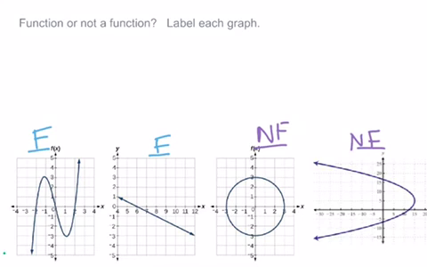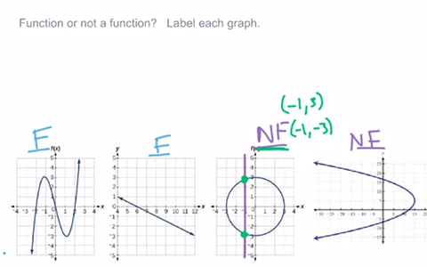The last two are not functions because if I take this input of -1 and draw my vertical line up and down, the graph that we have, the dark line, hits this point 2 times. That means the input of -1 has an output around 3, that's an estimation, and the input of -1 also has an output at -3. So this is not a function.